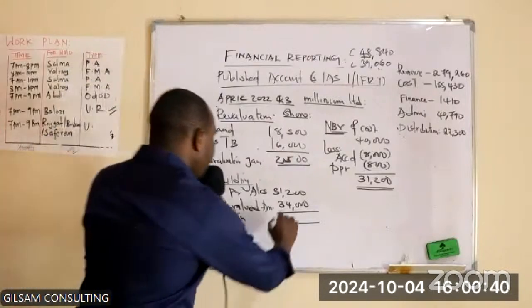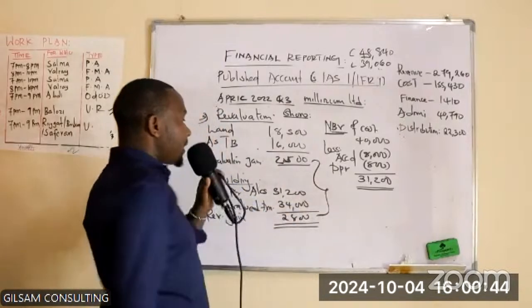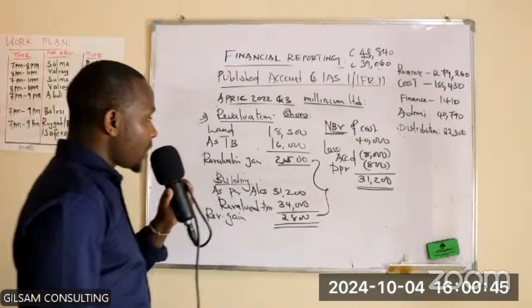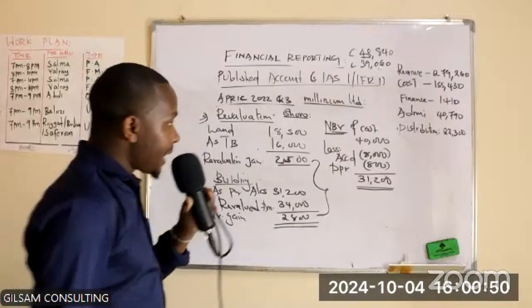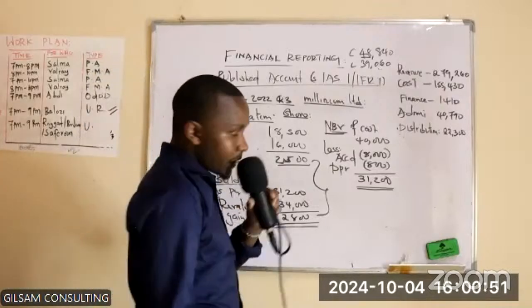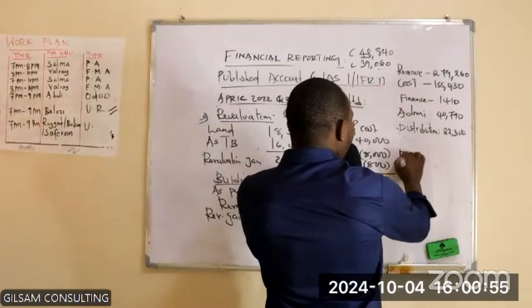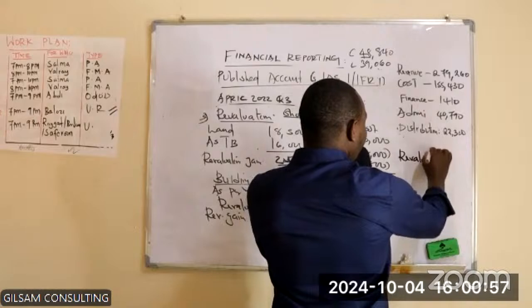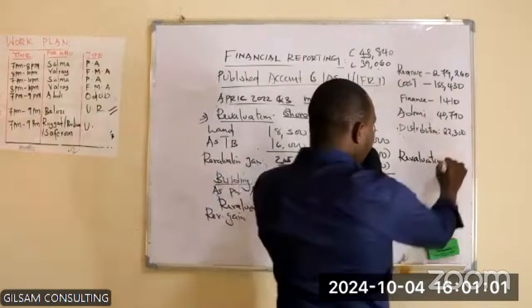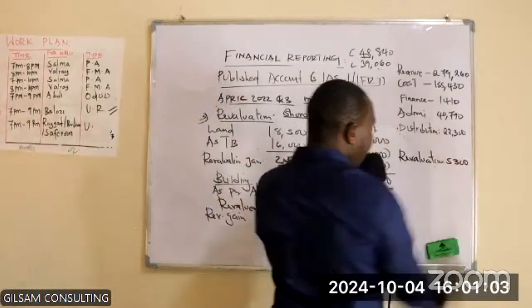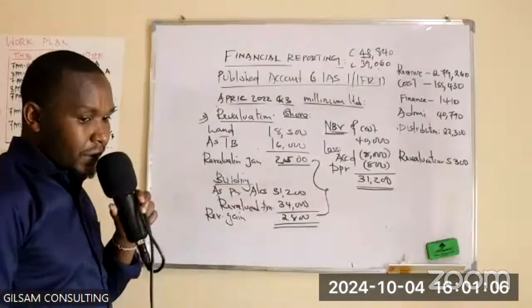So we have a revaluation gain of 2,800. So we add the two, we get the total revaluation. Plus 2,500. So we have the total revaluation of 5,300. That is the total value of revaluation, 5,300.